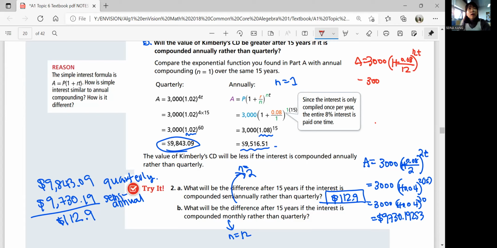So let's make this in fractions because 0.08 divided by 12 is a small number. And then 12 times 15 is 180.